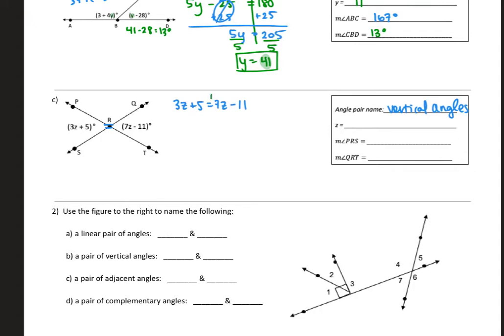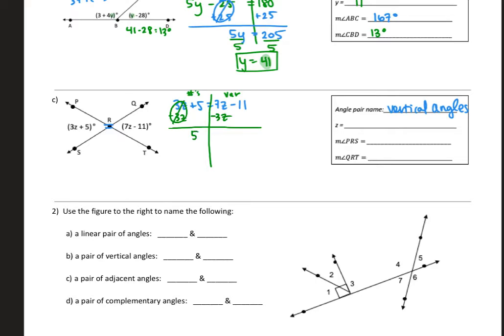This is the one we split down the middle, and then we choose a side for variables and a side for numbers. To make your life a little easier, if you choose the side that has the larger variable to be your side with variables, it'll keep your variable term positive. So first thing we're going to do is move the 3z over, and we do that by subtracting.